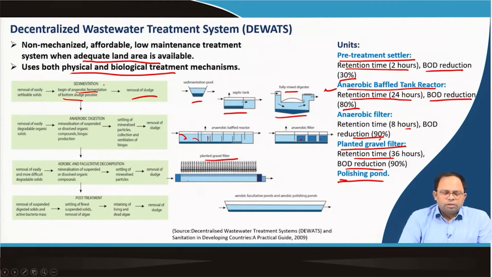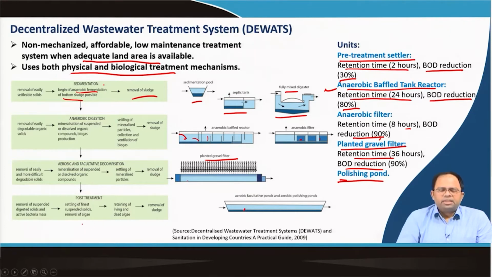And then finally, for post treatment, we can have an aerobic facultative pond and an aerobic finishing or polishing pond, through which we remove suspended digested solids and active bacterial mass. Finally the sludge comes to the bottom, and we get mostly clean water.